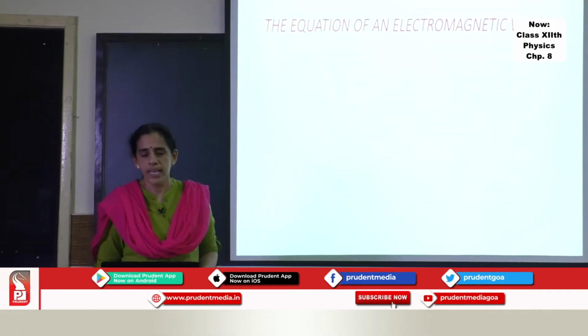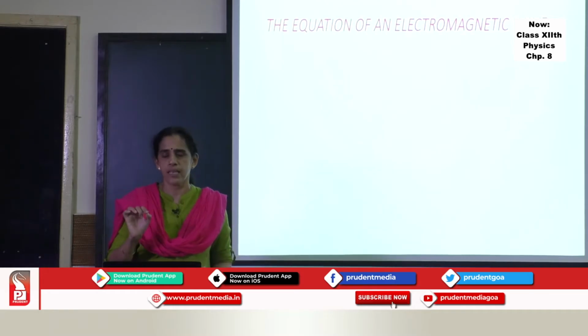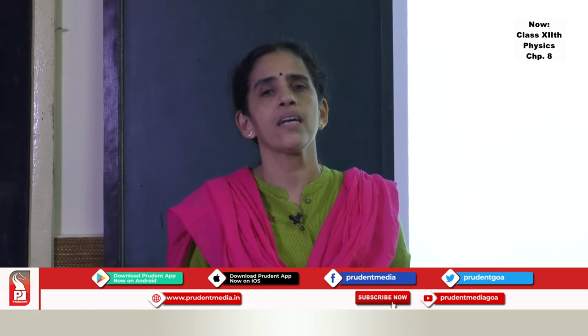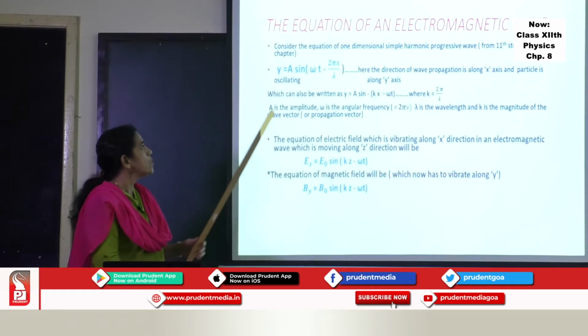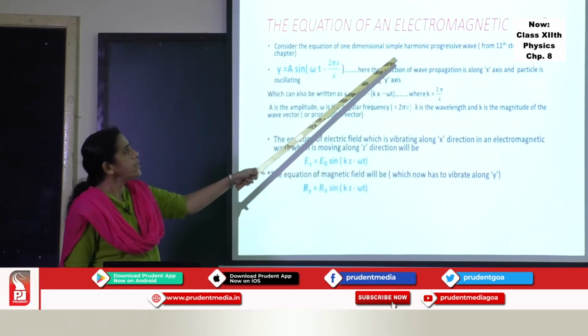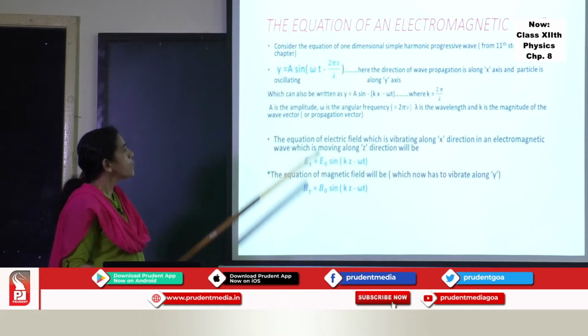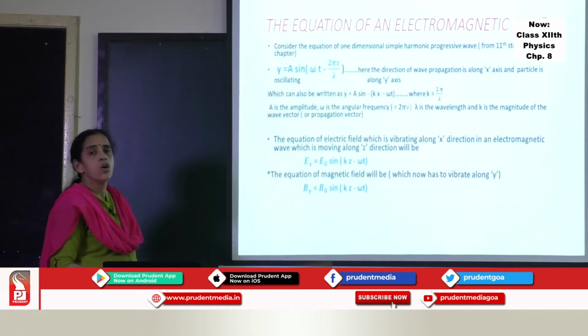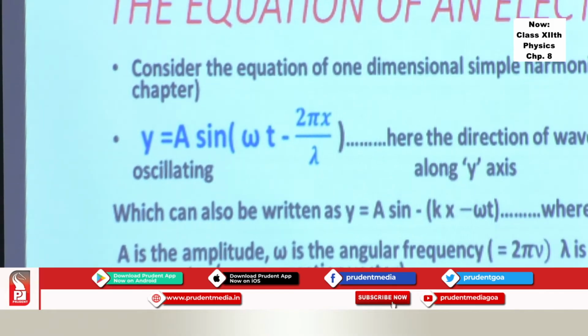The equation of an electromagnetic wave. You have to understand these equations thoroughly because problems will come based on this. Consider the equation of a one-dimensional simple harmonic progressive wave. Last year you have studied that. The equation is y = A sin(omega t minus 2 pi x upon lambda).